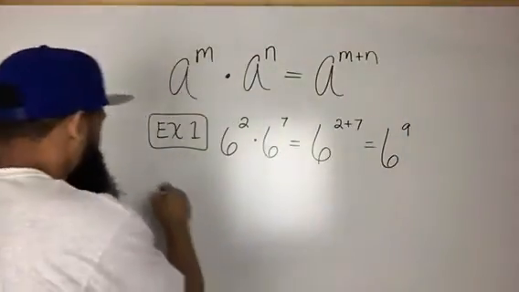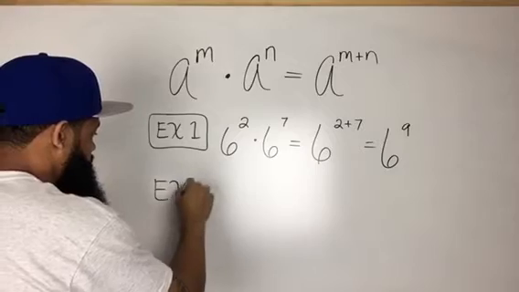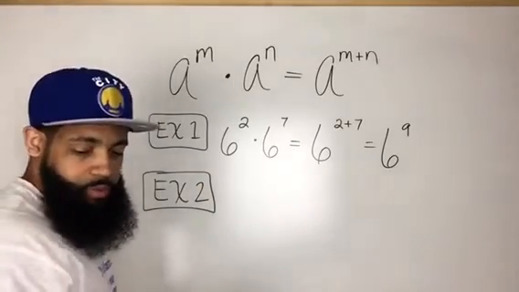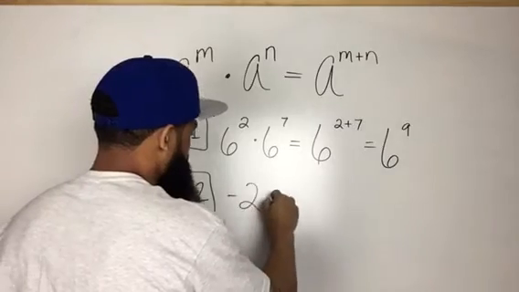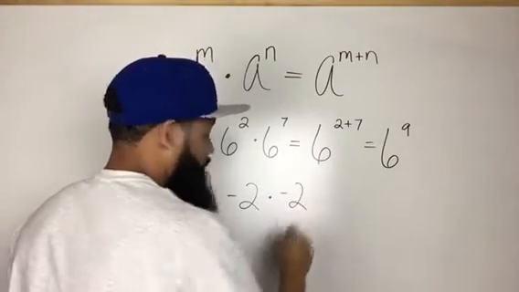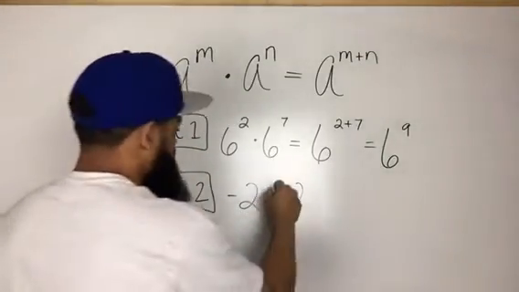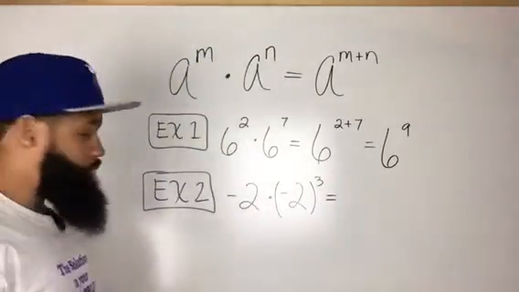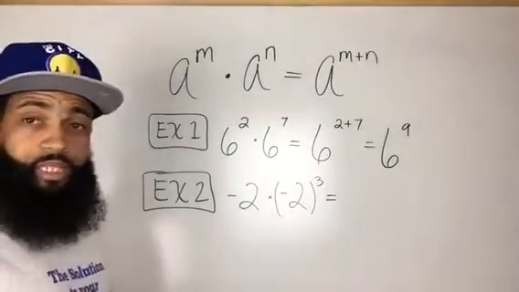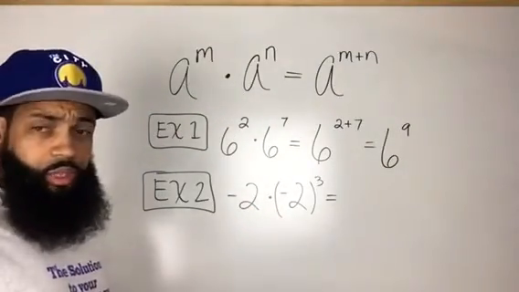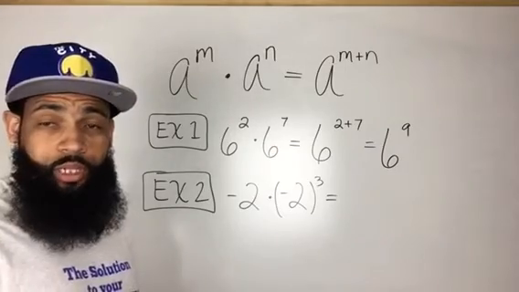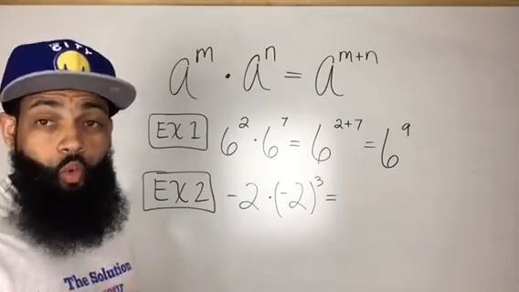All right, so let's try another example. Let's say we have -2 times -2 to the 3rd power. Once again, they have the same base. Now notice this first -2 doesn't have an exponent on it. And when a number does not have an exponent on it, it's considered to be to the 1 power.